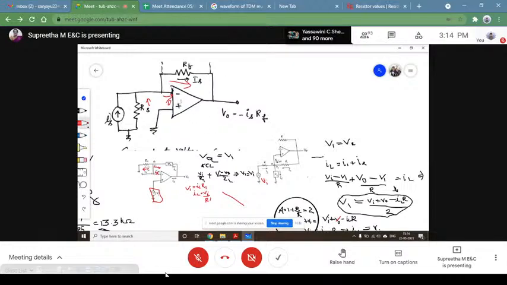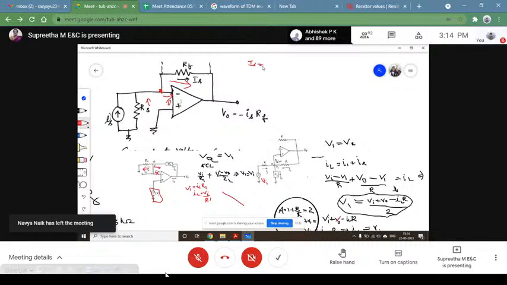So what will be your output voltage? We know it's an inverting amplifier and this is at virtual ground, so this is at 0. Now, can you find out what is the current IS?